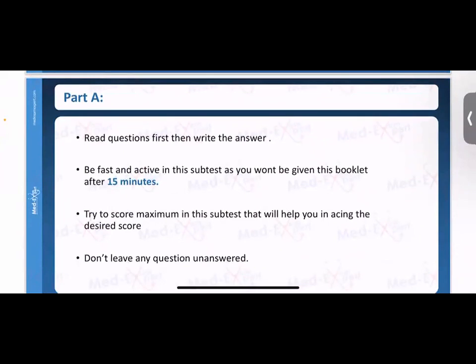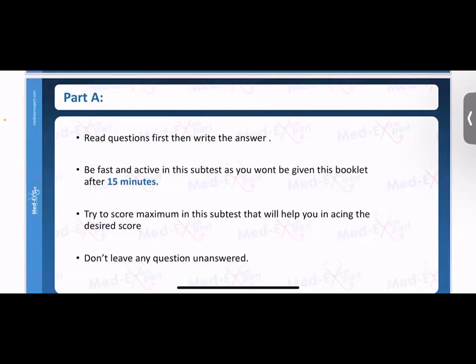Be fast and active in this subtest, as you won't be given this booklet after 15 minutes. This is the most important point to understand, because just like the listening subtest, it is not like you have to submit the whole sheet and the whole 42 questions within the 60 minutes. Part A of the reading subtest has to be solved in the first 15 minutes out of 60 minutes, and it is on a separate booklet.